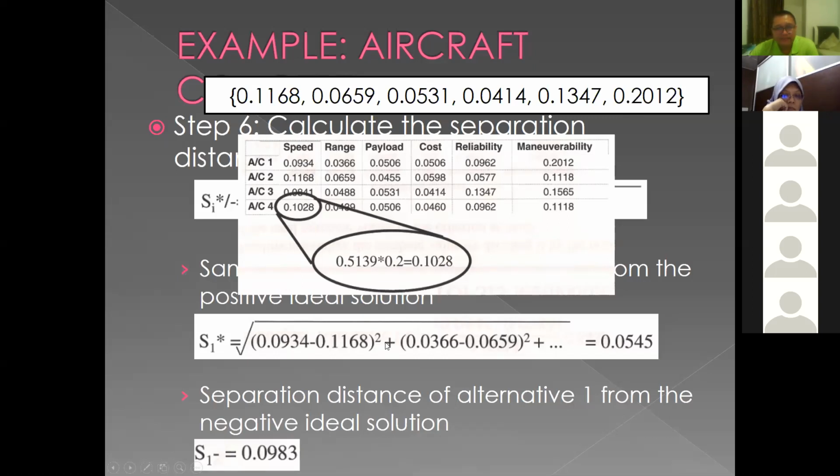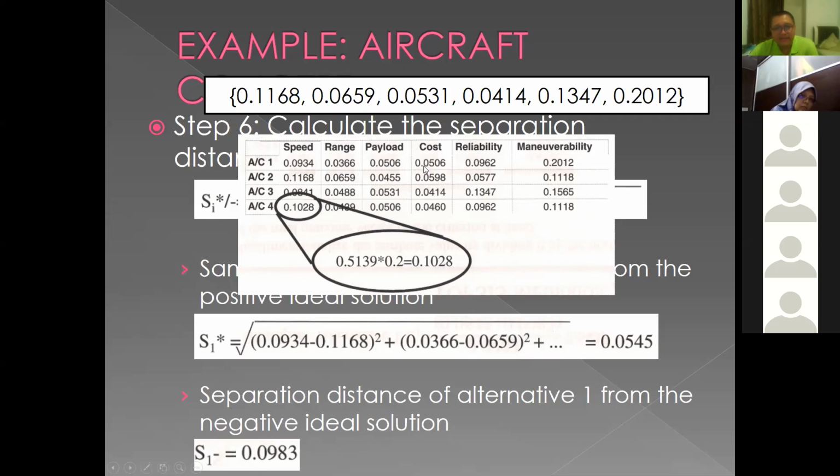Okay. And plus 0.0366 minus 0.0659. And then you square. Plus 0.0506 minus 0.0531. Okay, and then you square that again.